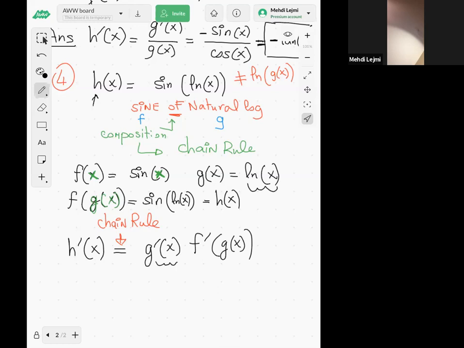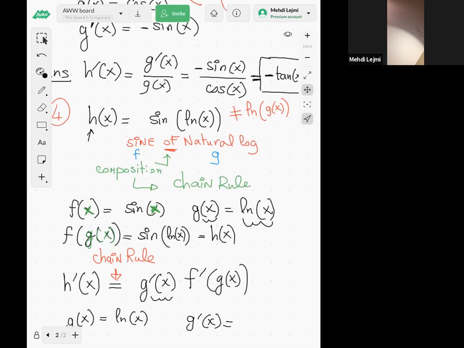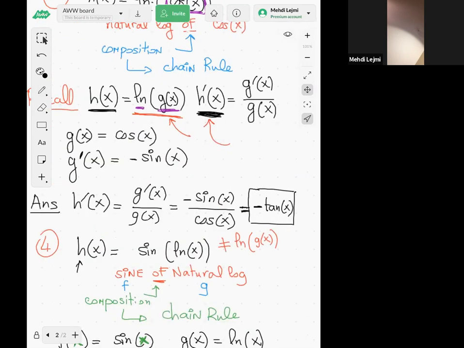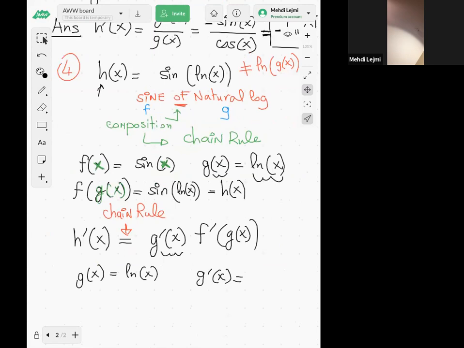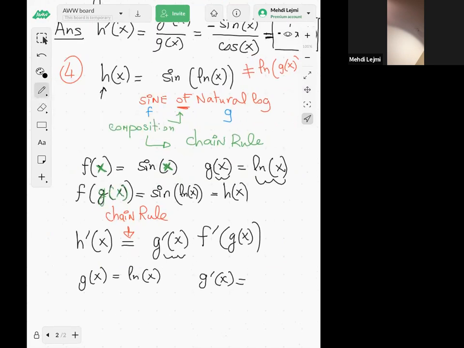Well, g of x is natural log of x. We proved that the derivative of natural log of x is 1 over x.